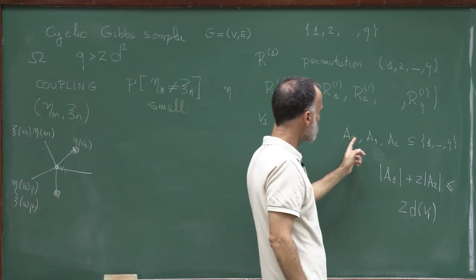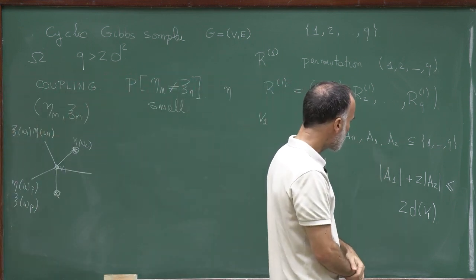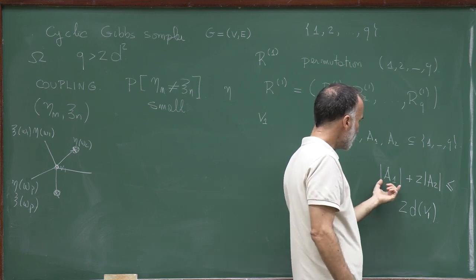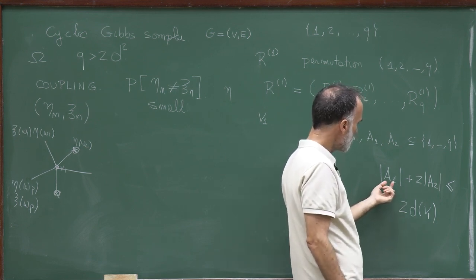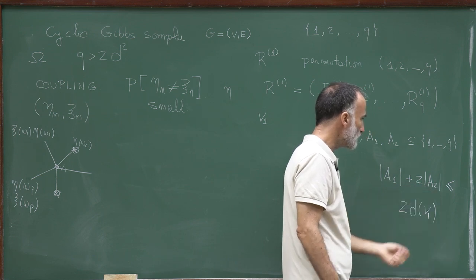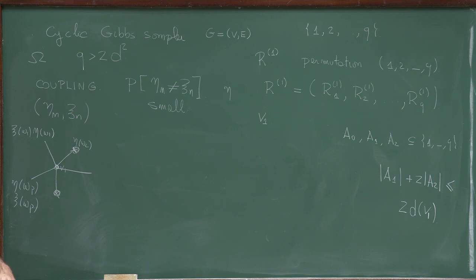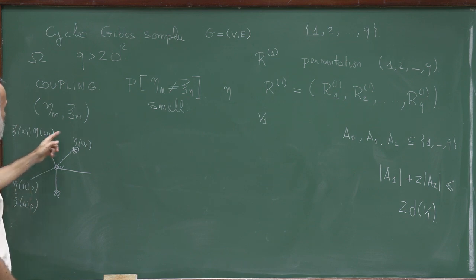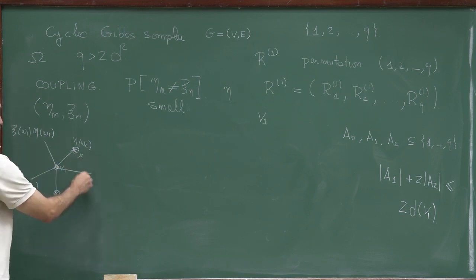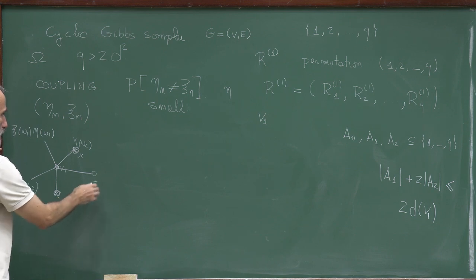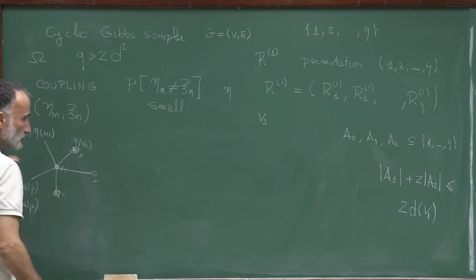I defined A0, A1, A2, and what I'm claiming is that the total number of points in A1 plus 2 times the total number of points in A2 is bounded by 2 times the degree of V1. So the degree of V1 tells me how many neighbors there are. 2 times, because I can have a value for eta and psi.